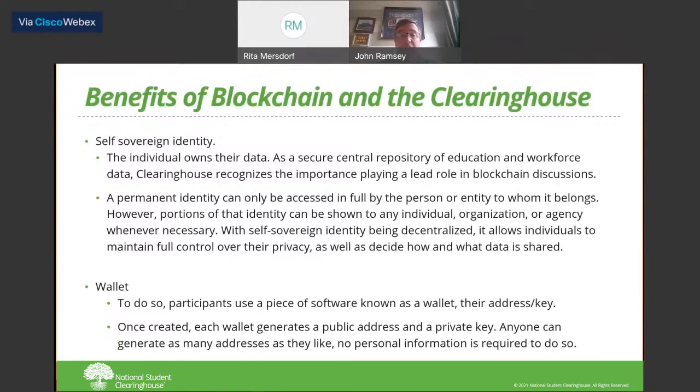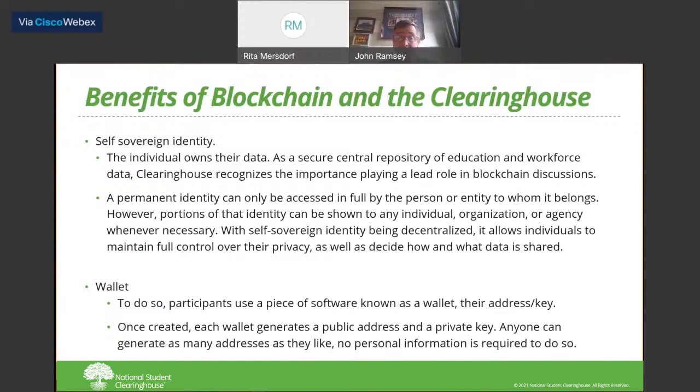They don't get full access to my transcripts and my schools and my histories unless I, as the owner of that record in the wallet, allow that access. The employer can only verify the credential request. So the student has granularity in what and who can touch what and access what.